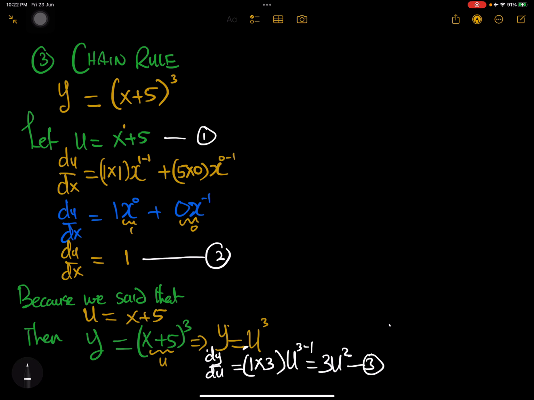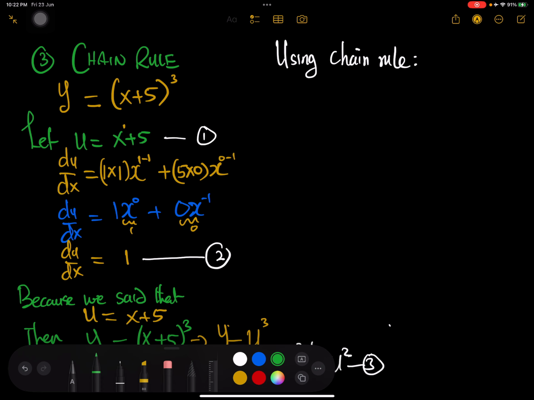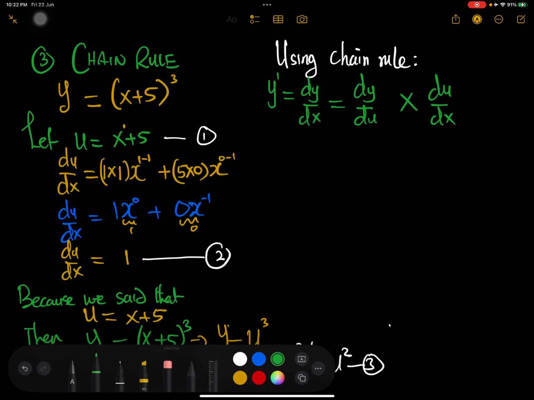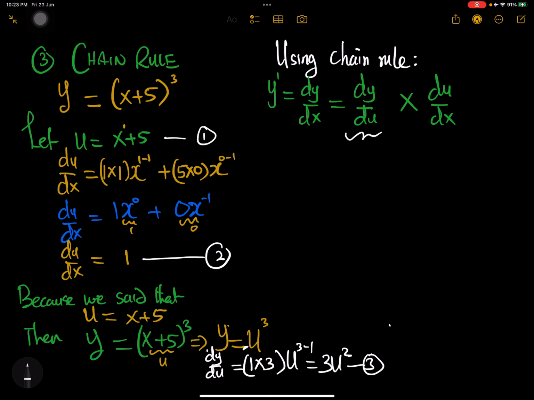Now, you remember, we said that using the chain rule, we know that our y prime, which is the first derivative, dy dx, is the same as dy du multiplied by du dx. That's what we stated in the previous video. And we can see that this dy du is our equation 3 and this du dx is our equation 2.